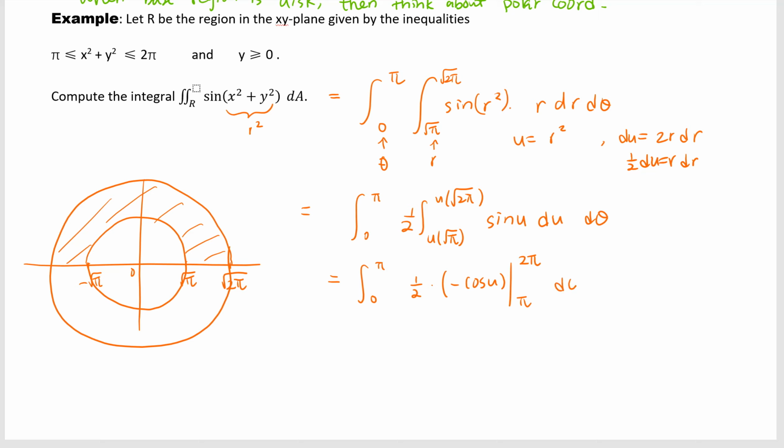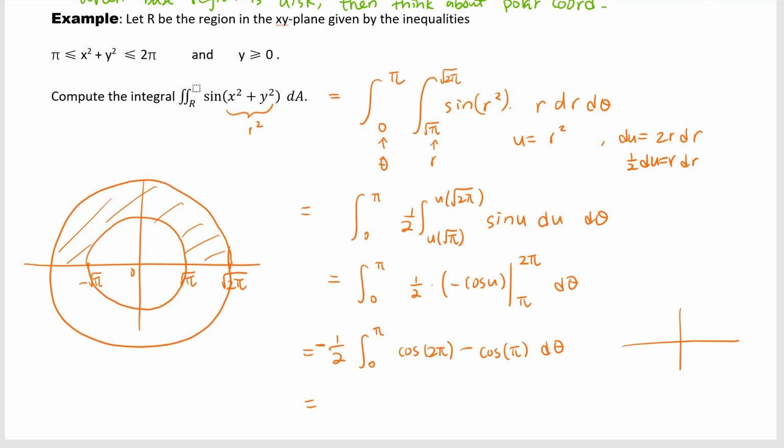And then we have d theta. We can also move out the 1/2 and the negative as well. Then cosine 2 pi minus cosine pi d theta.